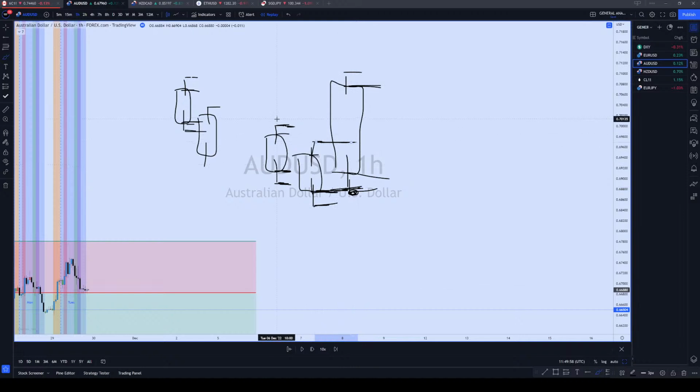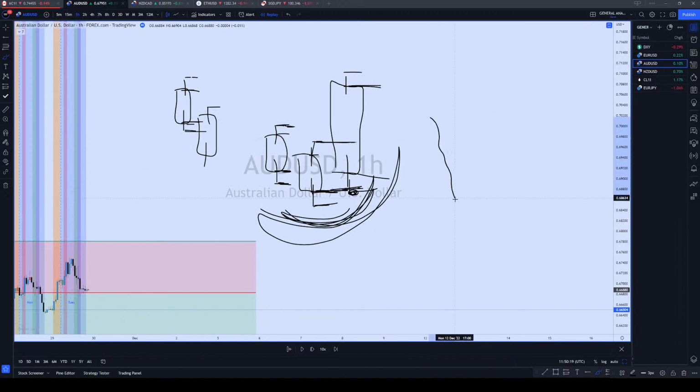So from an algorithmic standpoint, it gives you an understanding that, look, something different is happening here. It's not the normal prices going down, down, down, down.